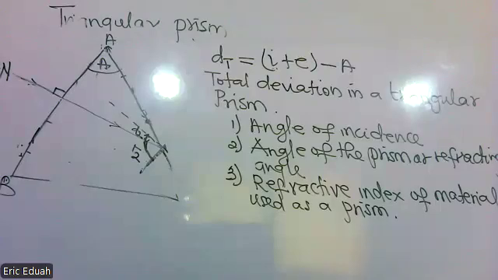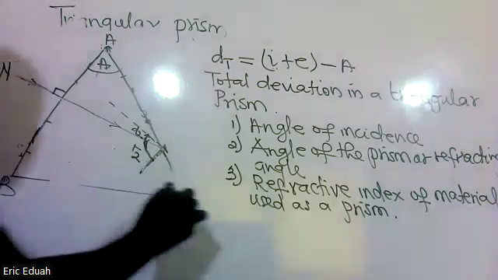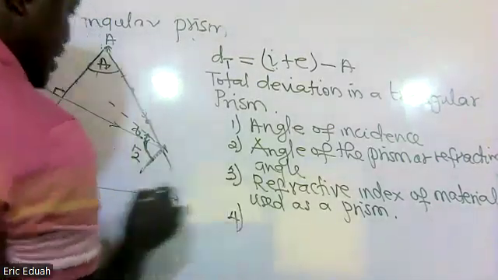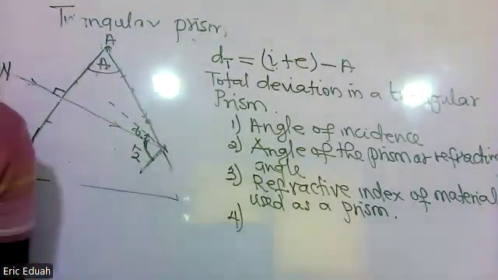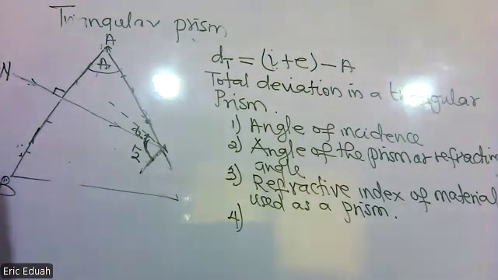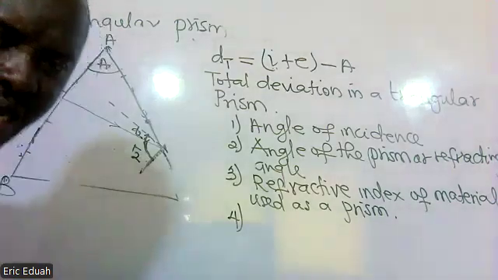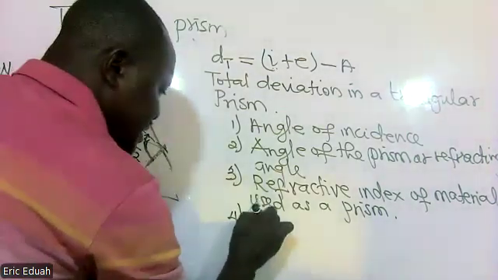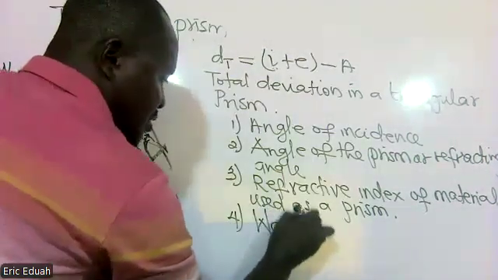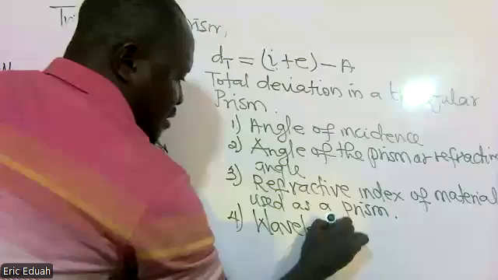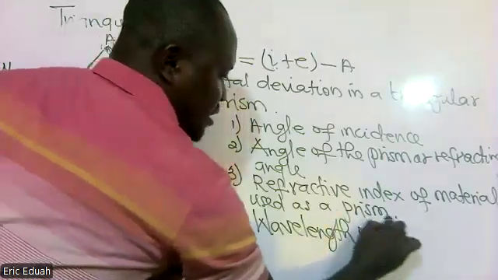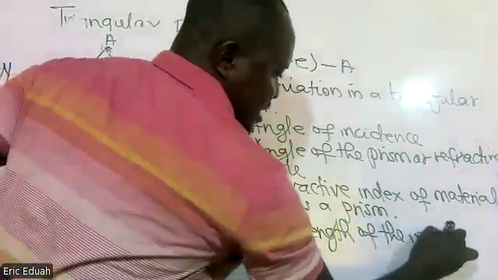Then finally, the factor on which the total deviation depends is the wavelength of the incident light.